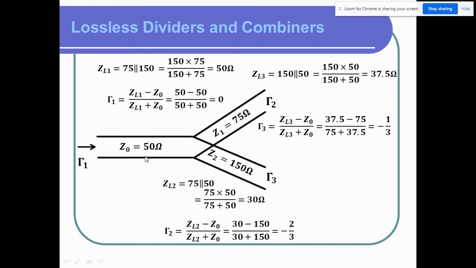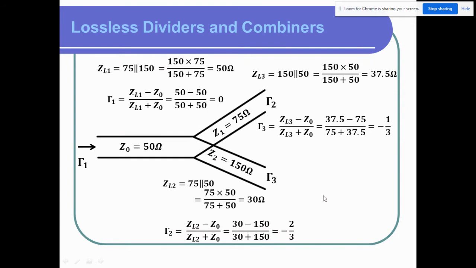When they become parallel, they give us a total equivalent impedance of 30. Use 30 with 150 as the characteristic impedance. So we get minus 2/3. So now we know that there are some reflections here.